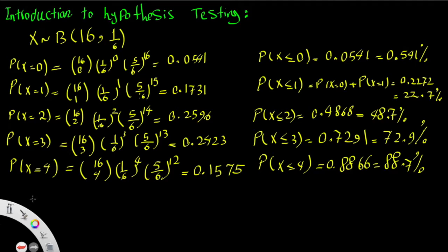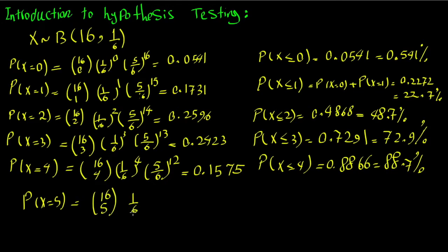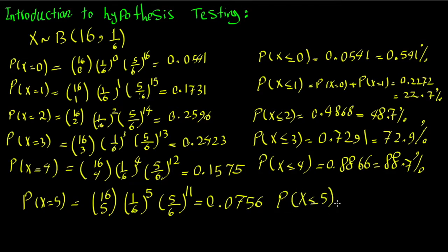And the probability of x equal to 5 is equal to combination of 16, 5, times 1 over 6 to the power of 5, and 5 over 6 to the power of 11, which is 0.0756. So the probability of x less than or equal to 5 will be 0.9622, which is 96.2%, correct to three significant figures.